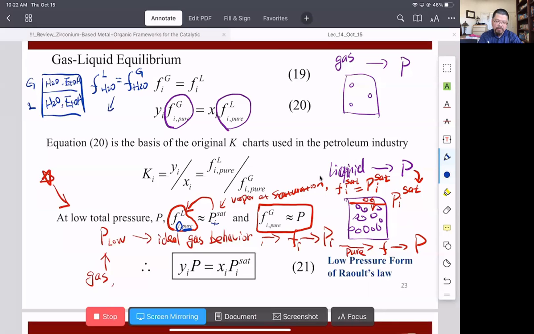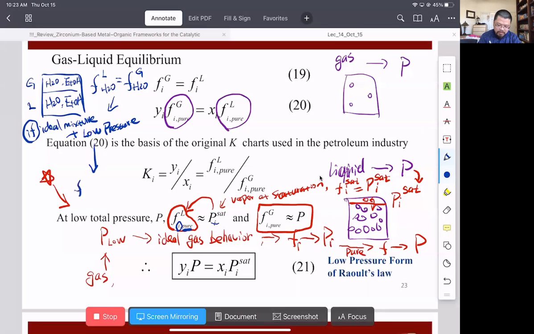And if we are able to assume this is an ideal mixture, on top of that, plus this low pressure, then we can move on.